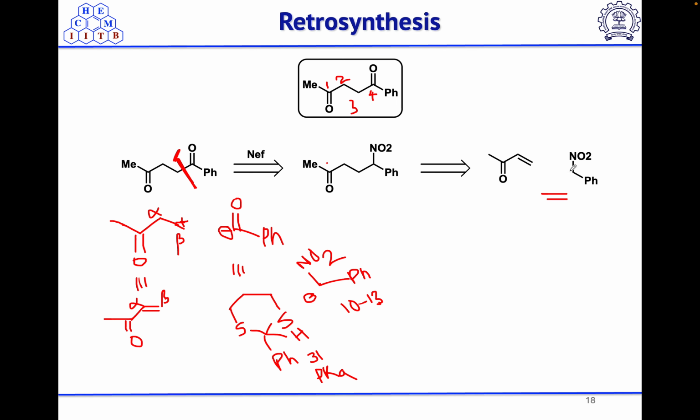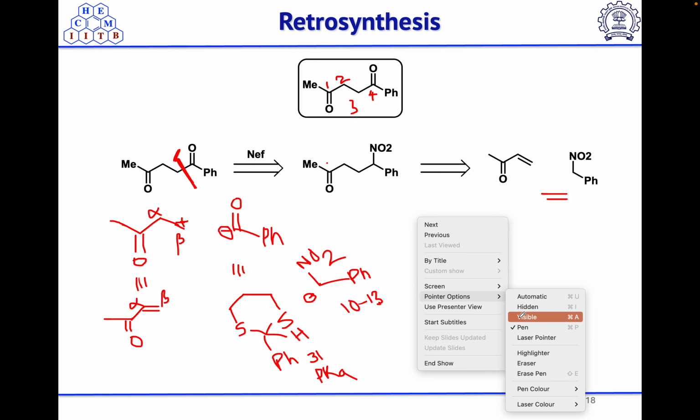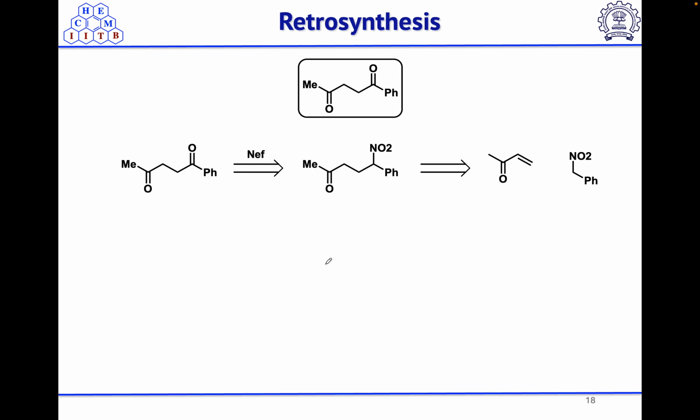So basically we can think about these two synthetic equivalents. First, a Michael addition will take place with nitromethane, and if you do a Nef reaction you will get this 1,4-dicarbonyl compound. In the forward synthesis, first, this is methyl vinyl ketone, MVK.